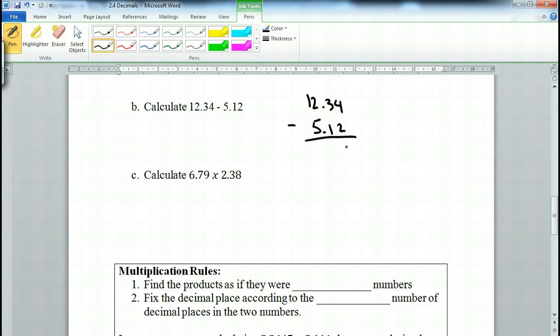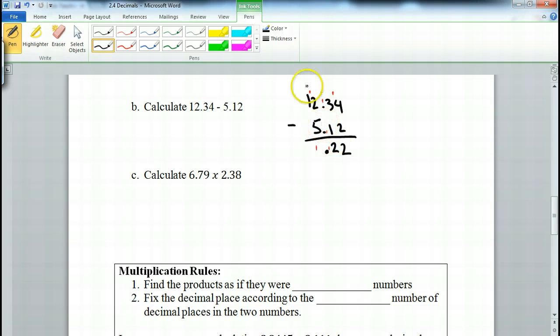And really important that again you line up all your place values. Okay, so same strategy as before. 4 minus 2 is going to give me a 2. 3 minus 1 is going to give me a 2. I put my decimal down.